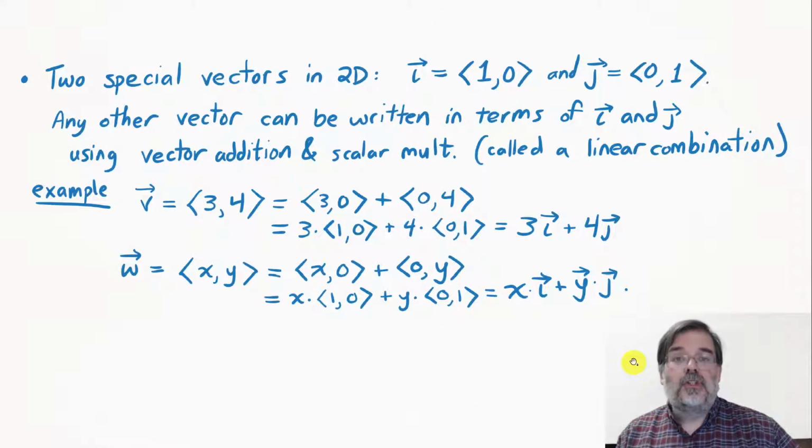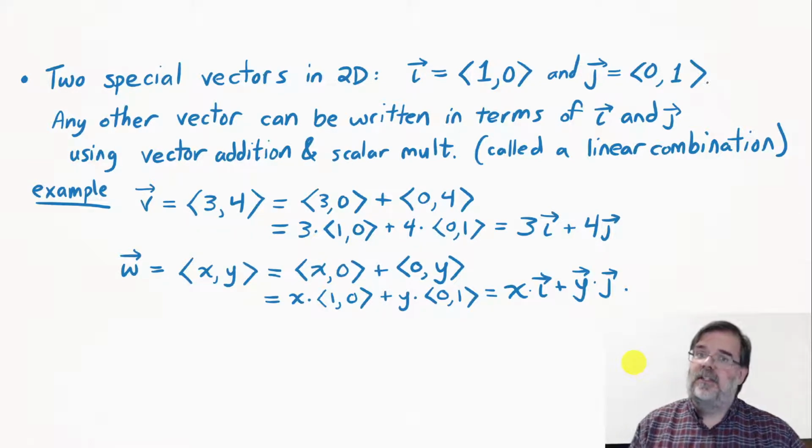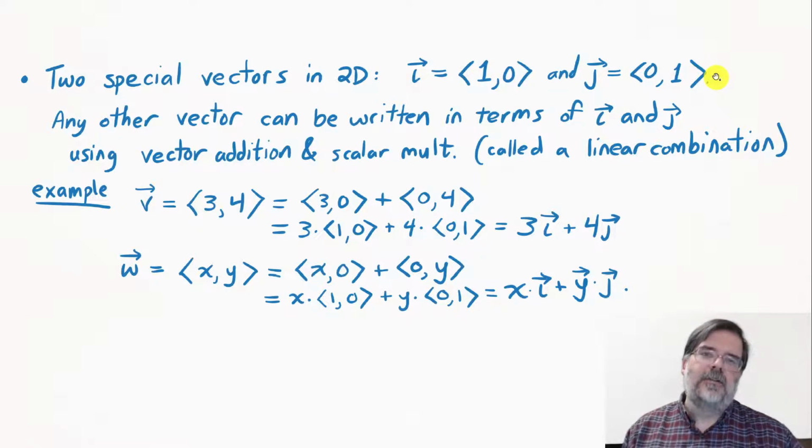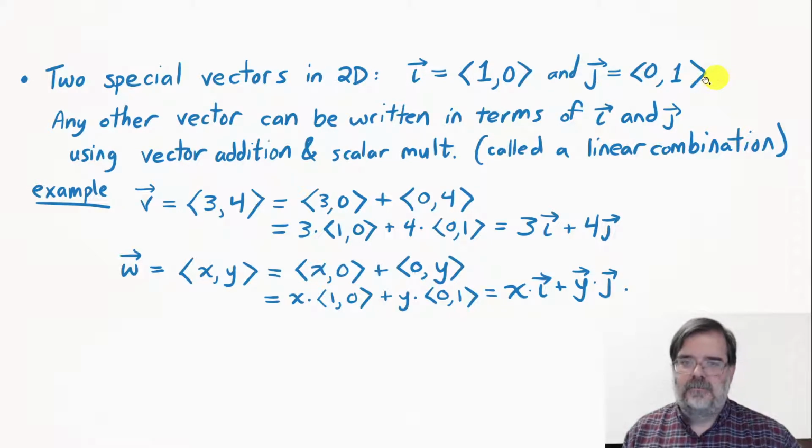Now, finally, there are 2 special vectors that we should mention because we're going to see these vectors a fair amount in videos that follow. There are these 2 special vectors in 2 dimensions, and they're called i and j. i is the vector 1, 0, and j is the vector 0, 1. These are sometimes called the standard basis vectors for 2-dimensional space.